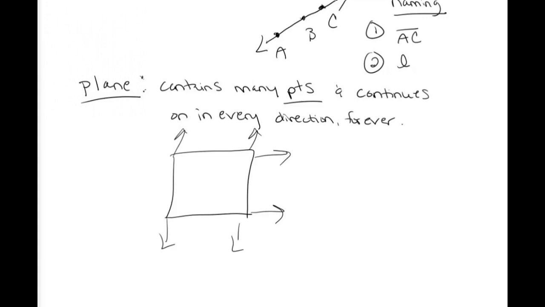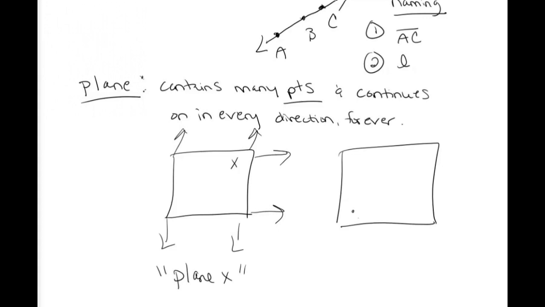And just like we can name a line in two different ways, we can name planes in two different ways too. Sometimes there's just a letter, and so we would name this plane X. And sometimes we see points, sometimes we see lines, but we need 3 points to name a plane.